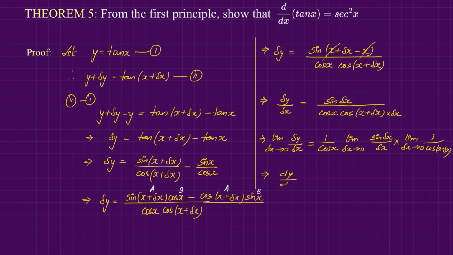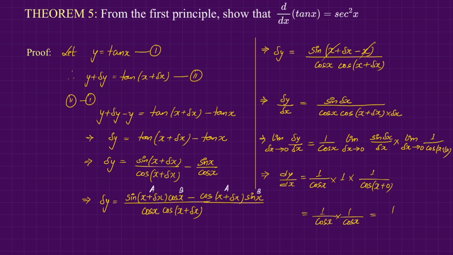So we will have dy over dx equals 1 by cos x into 1 into 1 by cos of x plus 0. So it will be 1 by cos x into 1 by cos x.